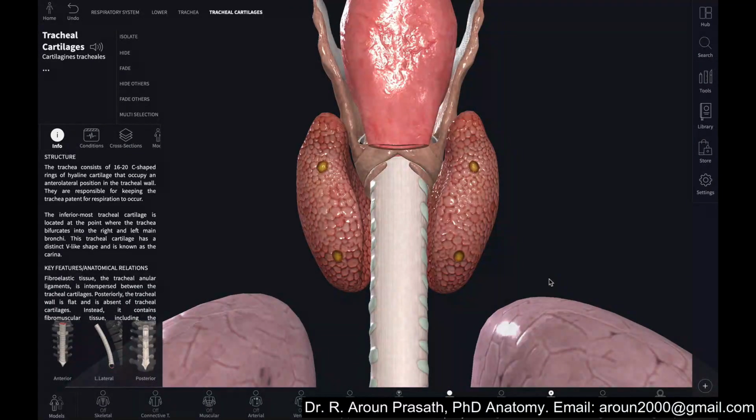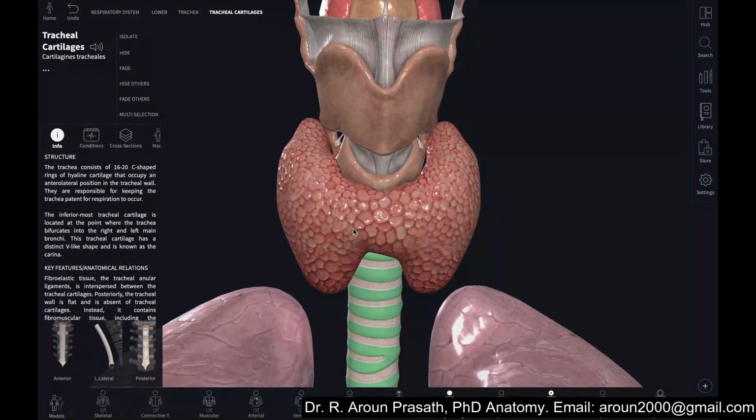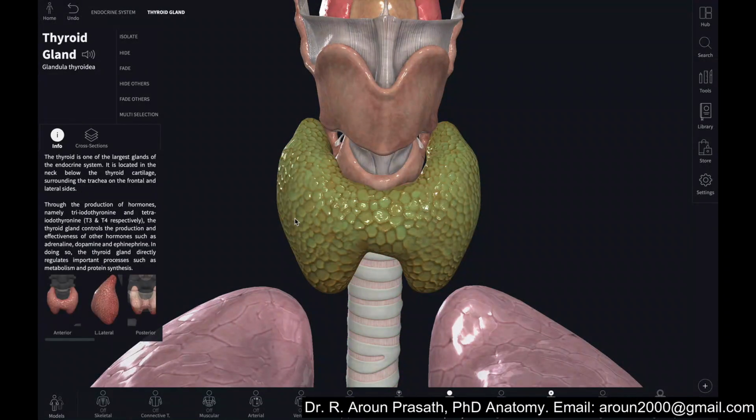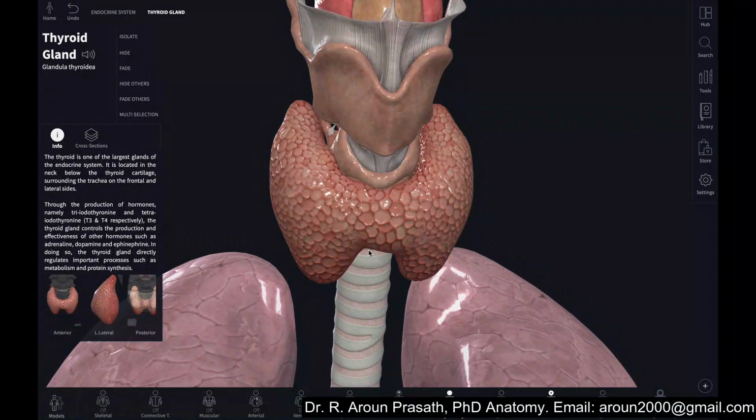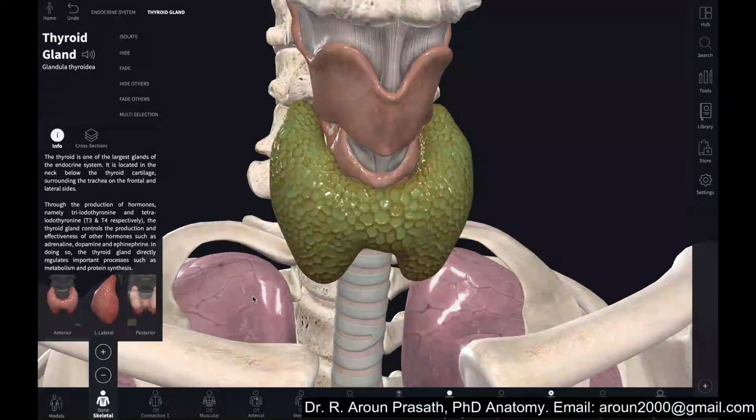This is the tracheal passage. This thyroid gland has the right lobe and left lobe connected by the isthmus. This connection is called the isthmus.